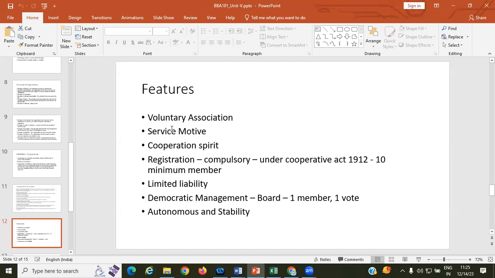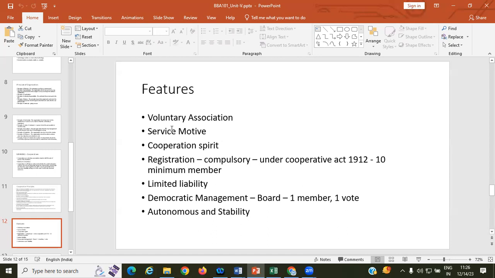Registration. Registration is compulsory. You have to register under the Cooperative Act 1912. Ten members minimum required. These things we studied. Limited liability. As I said, you are creating the cooperative society by giving your own money.